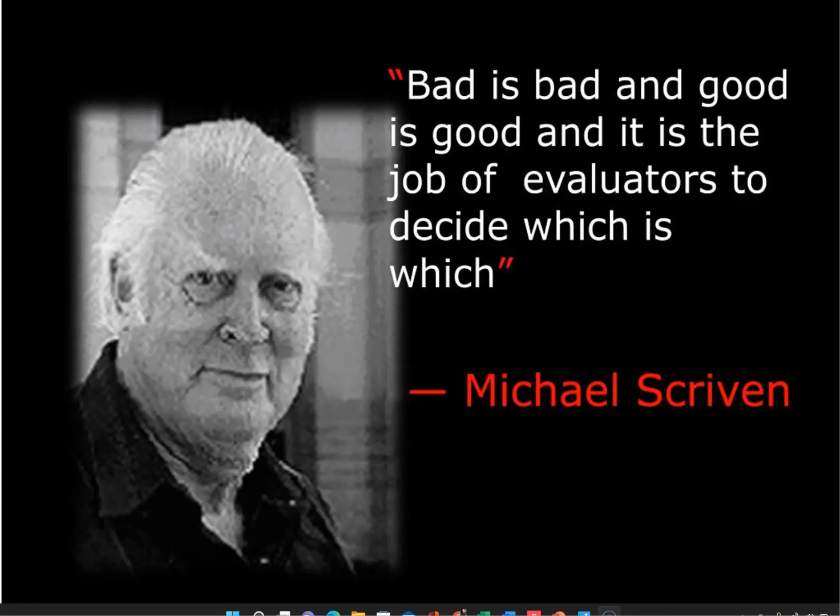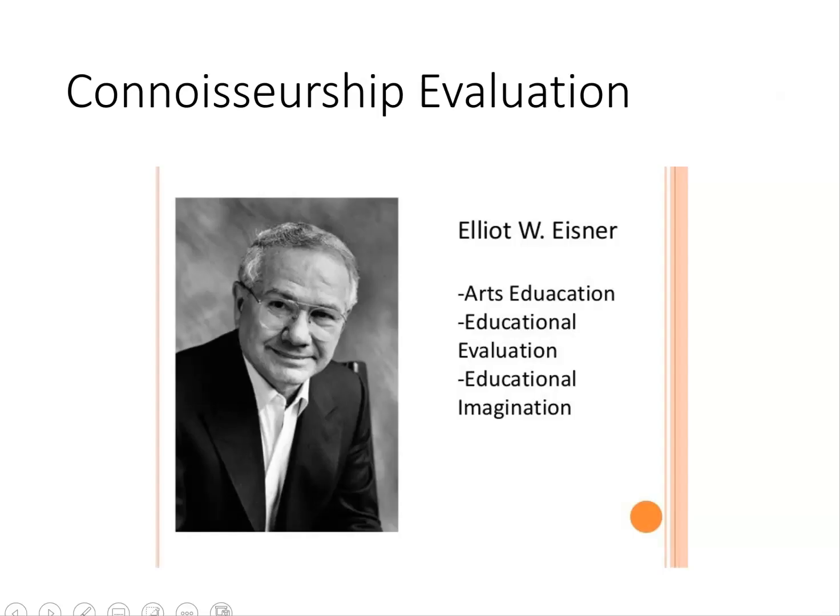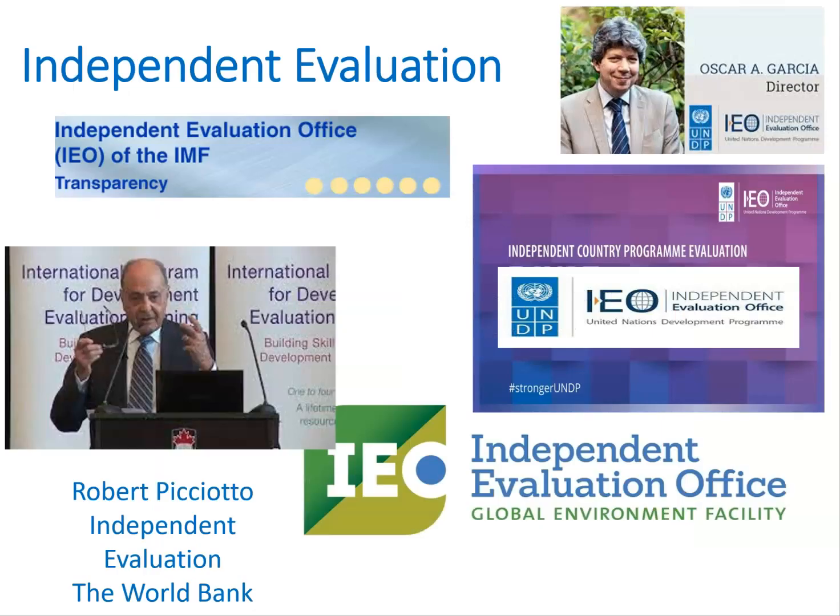Evaluators render judgments. Connoisseurship evaluation, developed by Elliot Eisner, viewed the evaluator as an expert with knowledge of whatever was being evaluated, and that expertise was what determined the value and credibility of the evaluator's judgments.